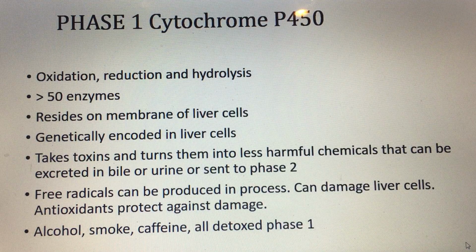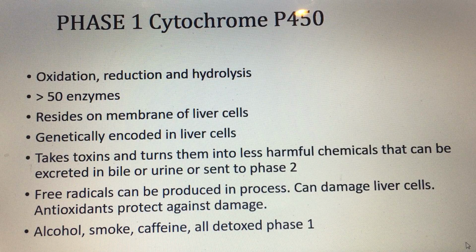Okay, so phase 1 is oxidation, reduction, and hydrolysis. There are more than 50 enzymes involved with that, and those enzymes reside on the membrane of the liver cells. We talked about how your body makes enzymes, because those are proteins.